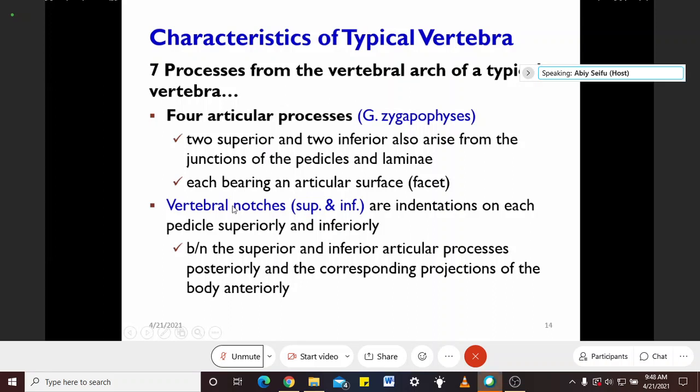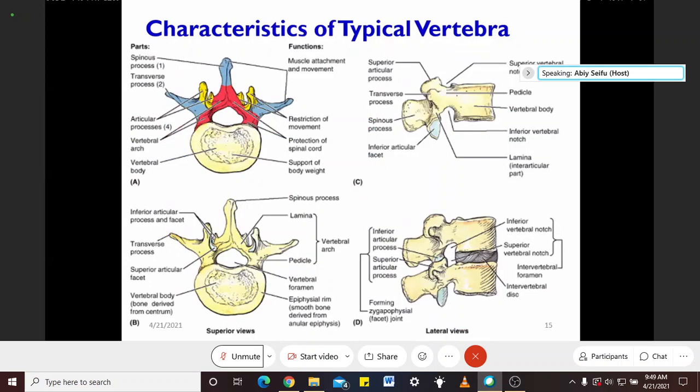And on the pedicle there is a notch, the vertebral notch. This vertebral notch is an indentation in between the body and the articular process. Here it is.